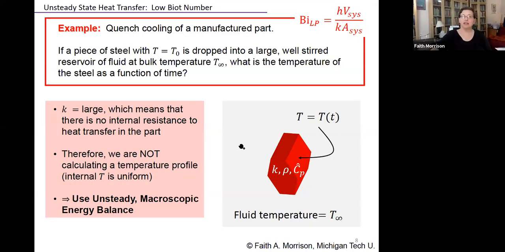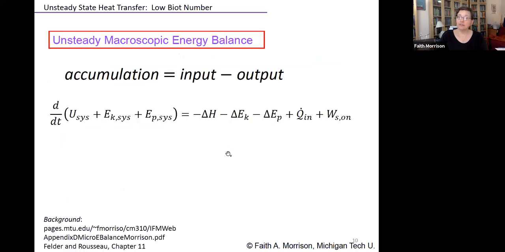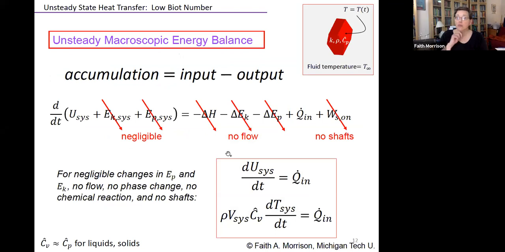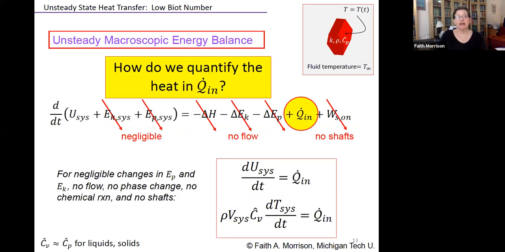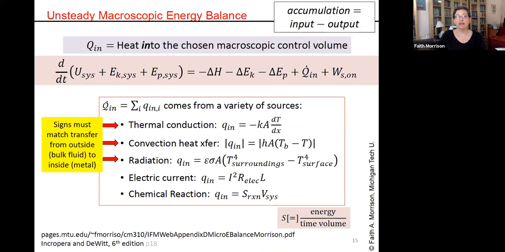Because I see that I'm getting towards the end here, I'm speeding up a little bit. So here are the slides. There's the macroscopic energy balance. And then we tried it, and we made those assumptions that we talked about. We looked at the list of the possible Qs and identified which ones are important.